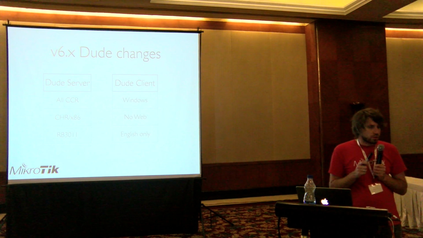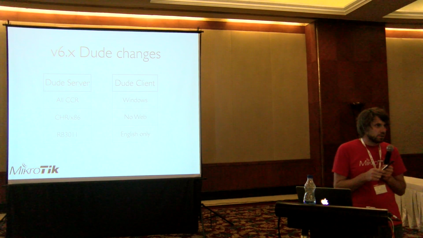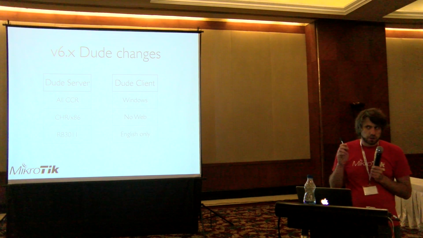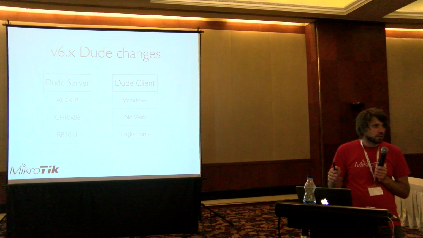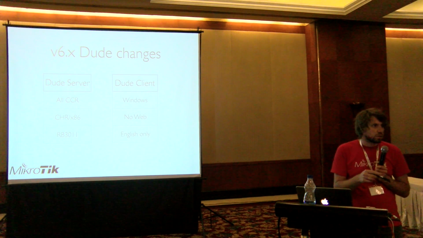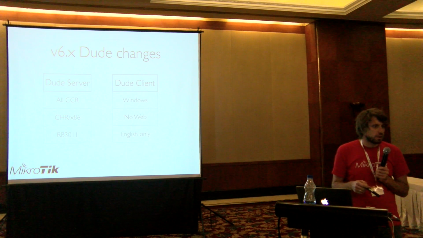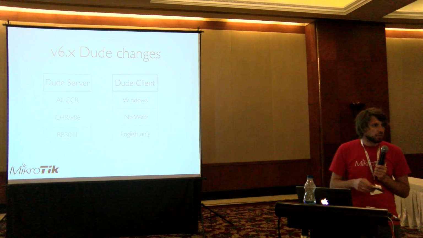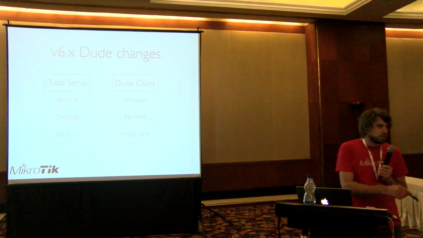One of the very important things for the Dude server that you need to consider, I will speak about it also later, but I just want to remind you that you need to keep in mind the size of the disk where you are installing the Dude server. So if you are installing the Dude server on 64 megabytes, then sooner or later, if your network is becoming bigger and bigger, you will hit the limit of this disk.